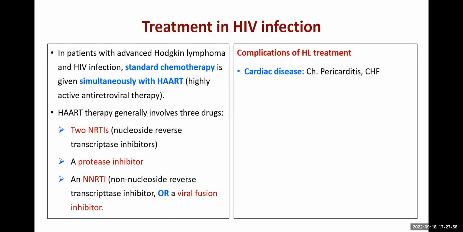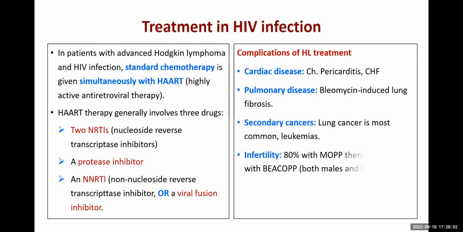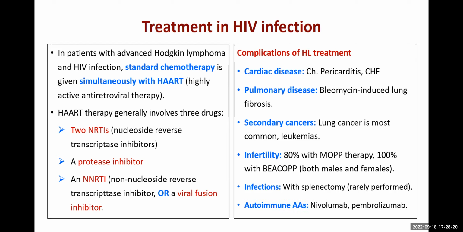And complications are cardiac disease, pulmonary disease, secondary cancers, infertility. We have some procedures to protect the ovaries that I've shown you, okay? And infections, particularly with the splenectomy, although splenectomy is done very, very rarely. And we can get autoimmune problems with nivolumab and pembrolizumab.